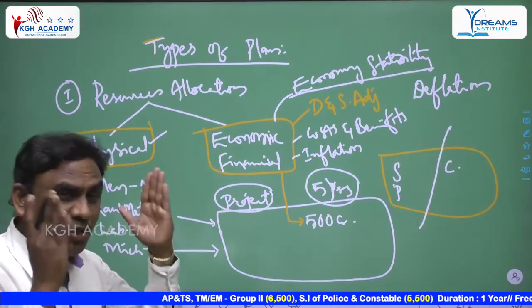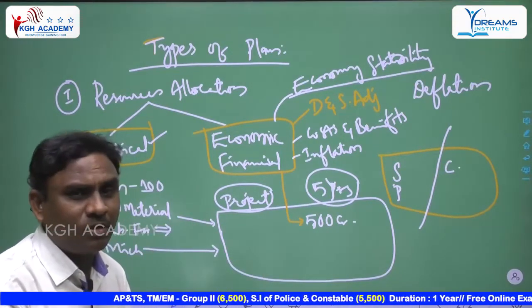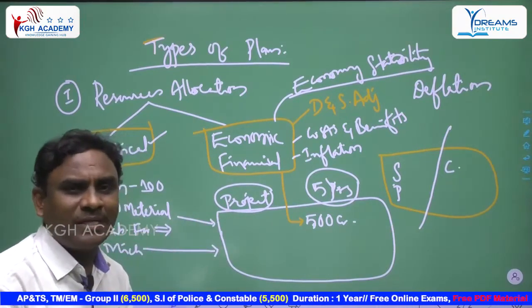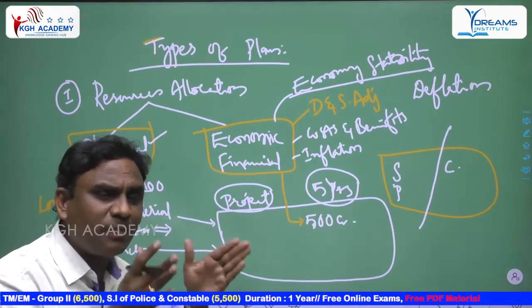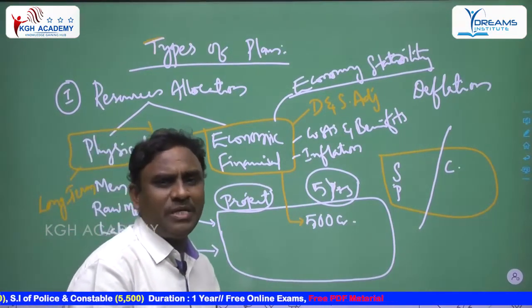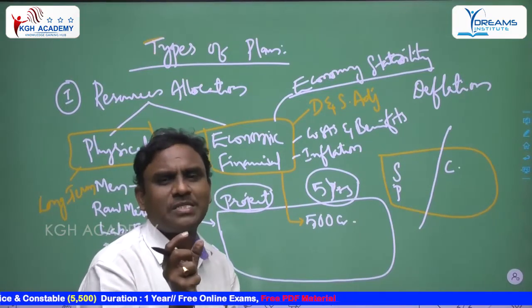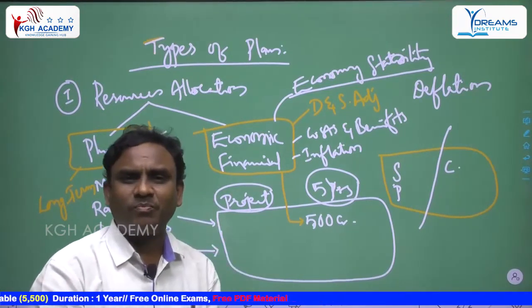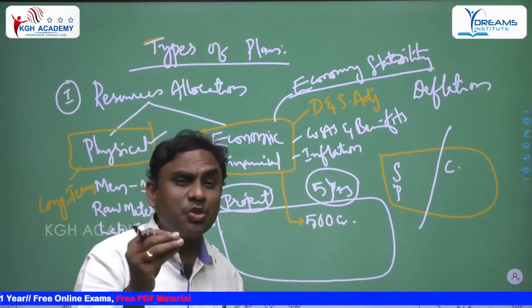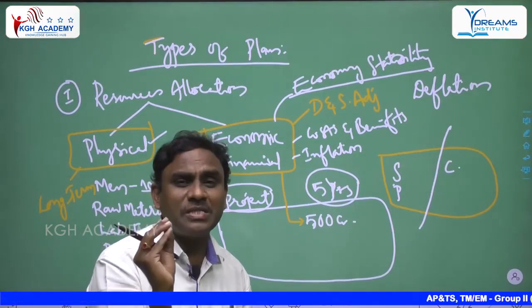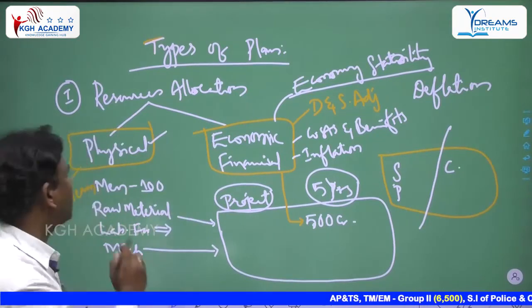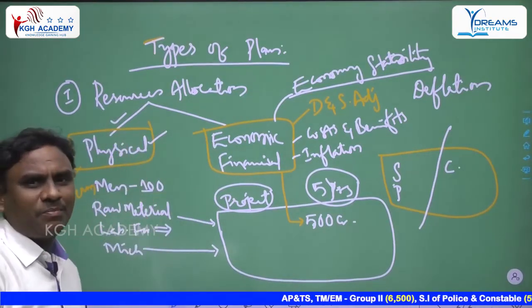If the objectives are based on demand and supply, based on costs and benefits, at that time the state or economy chooses financial plan. Generally, communist or socialistic countries prefer to formulate physical plan.